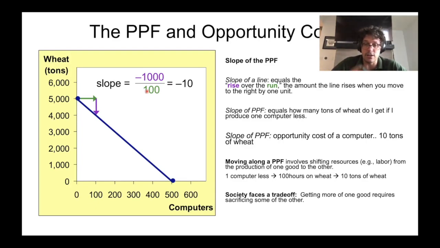So the opportunity cost in this case of producing one computer is equal to 10 tons of wheat. If I move to the left by 1, I get 10 more. Okay? So we can use the slope in order to measure the opportunity cost.